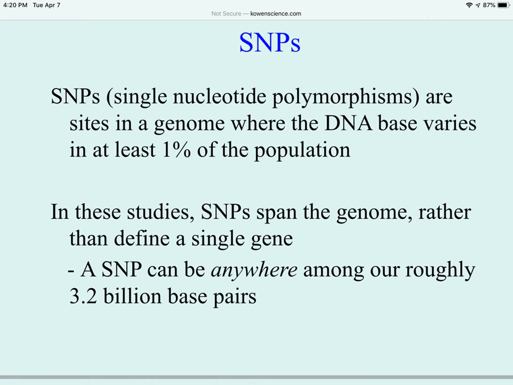So in these studies, they take the SNPs, they span the genome, and they look for these differences, and they find out, okay, all people that have Alzheimer's, they tend to have these SNP patterns. And then that helps us to identify likelihood of having a specific genetic trait show up.